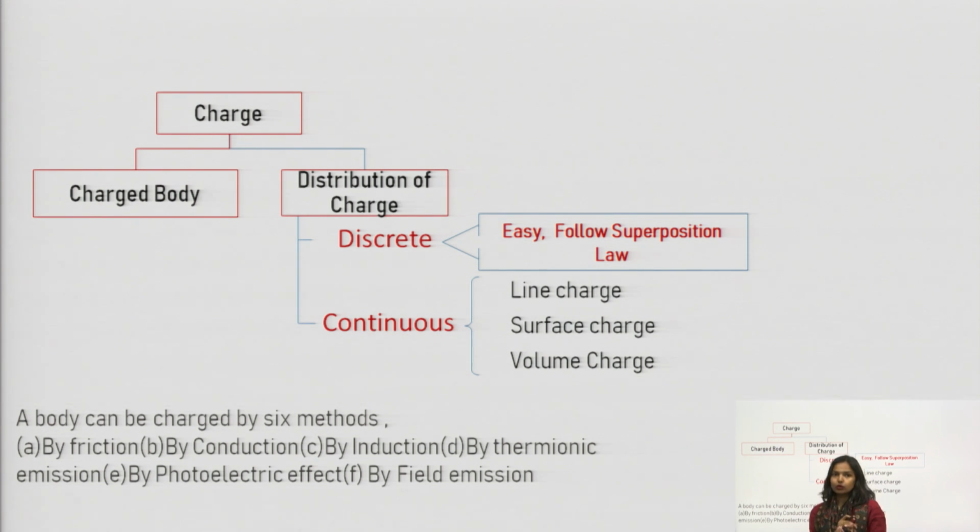The first body which gives the electron to the other will be positively charged, however the body which receives the electron will be negatively charged. Whatever electrons are discarded from the first body, that same amount will be added to the second body.